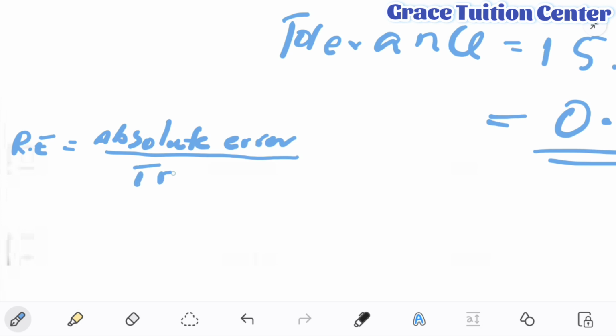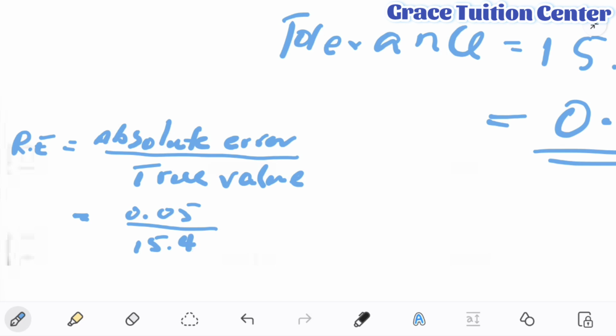over the true value. So if we substitute here, you will find that our absolute error is 0.05 over our true value, which is 15.4. See that? To work this as a fraction, we'll look at the top number has more decimal places than the bottom number. So I'll have to multiply this by 100 and this by 100, the same number, so that we remove the decimal point.